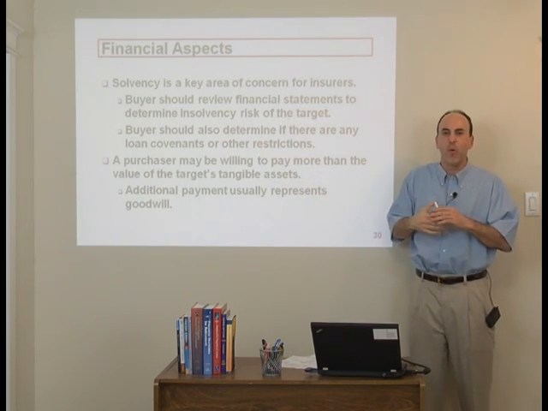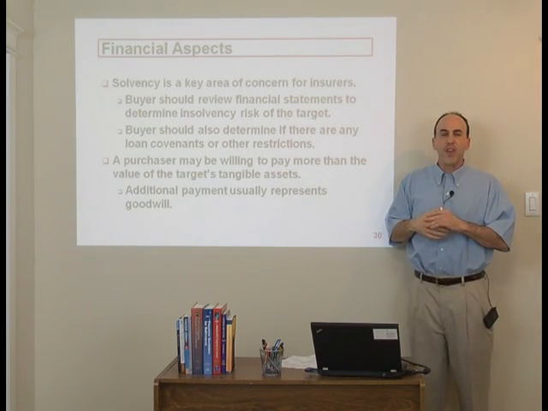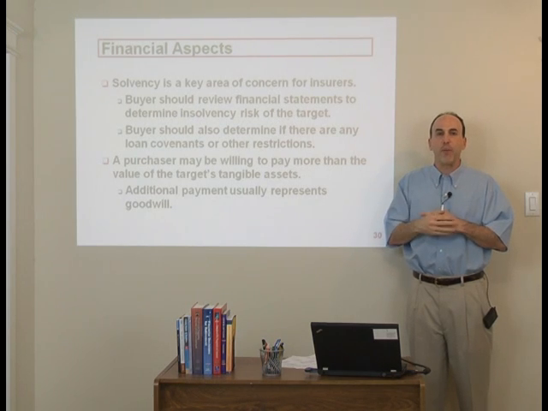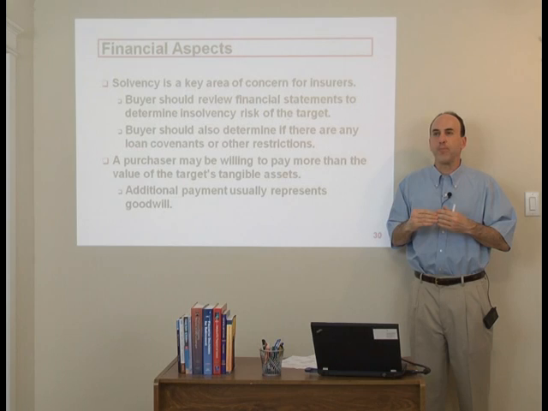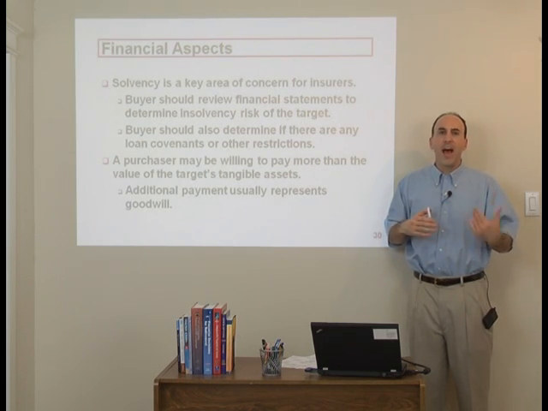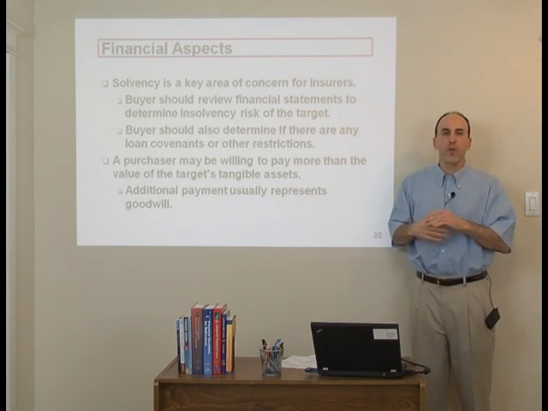I mentioned a concept before. Let's say that there's a company out there that I would like to acquire, and the value of their total assets, which includes their buildings, their cash, their equipment, their inventory, is $2 million. Yet I pay $3 million for the company.